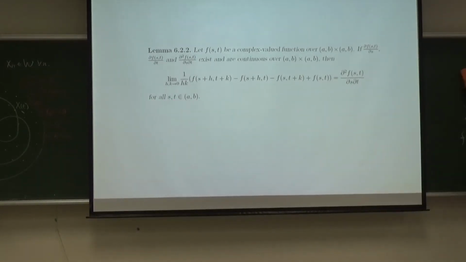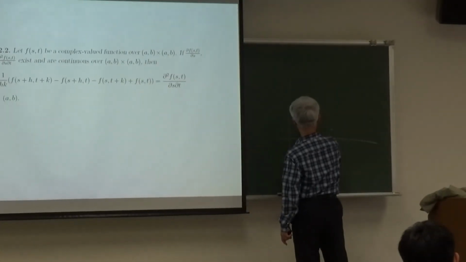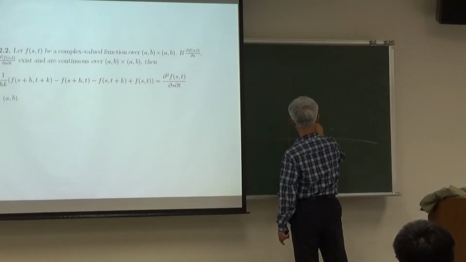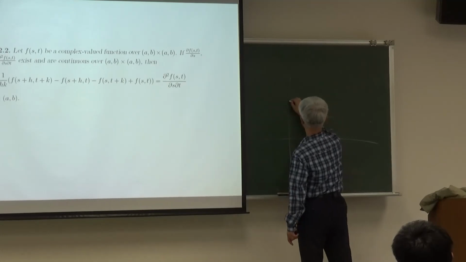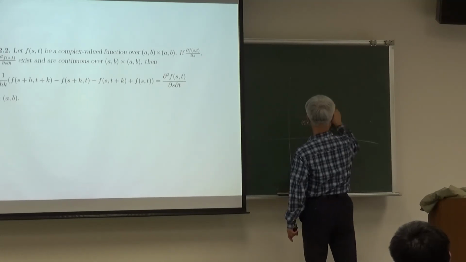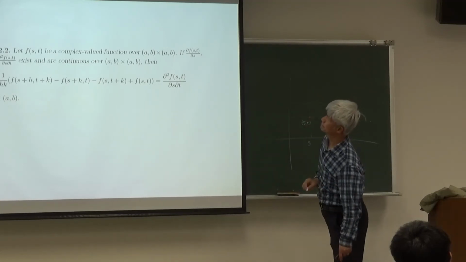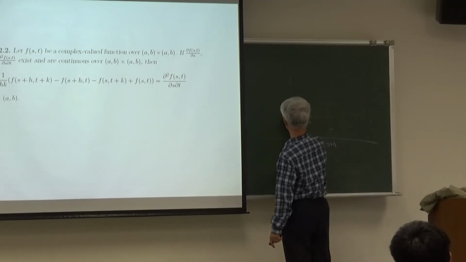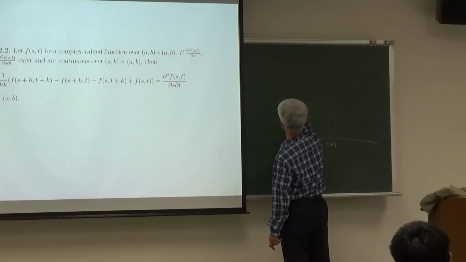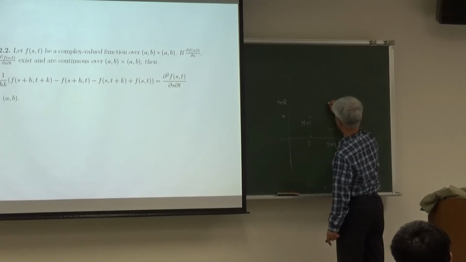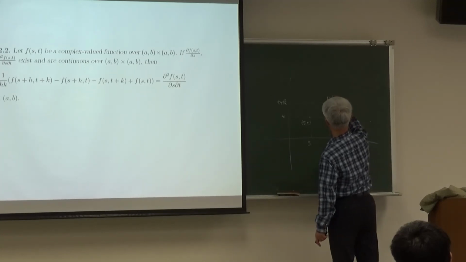It's better to look at it here in the plane. So this is x,t. This point is x plus h, t plus k. Right. So this point is x plus h.